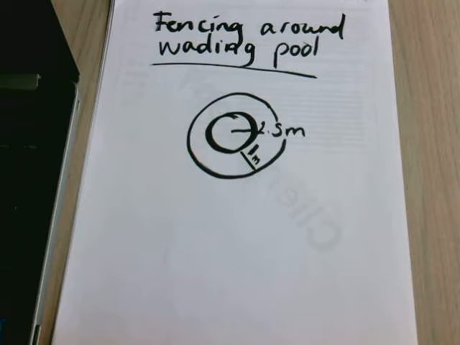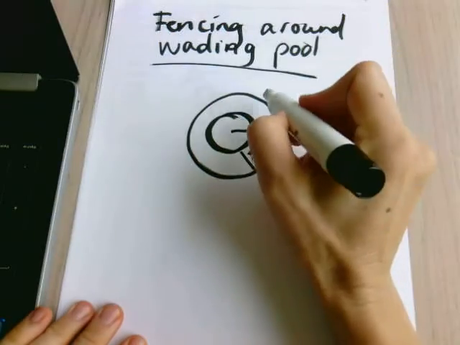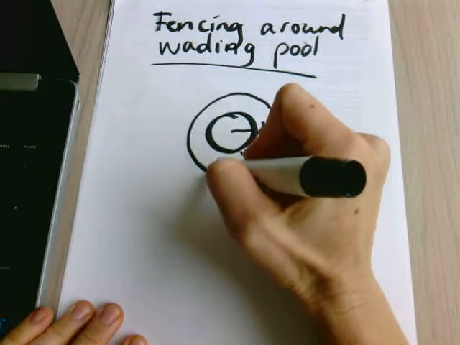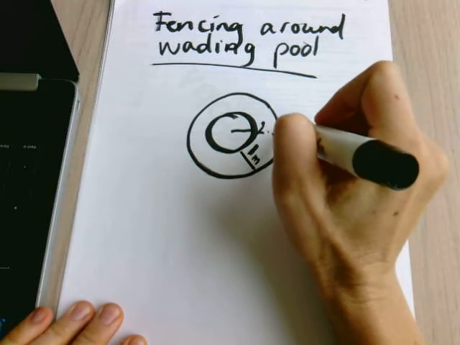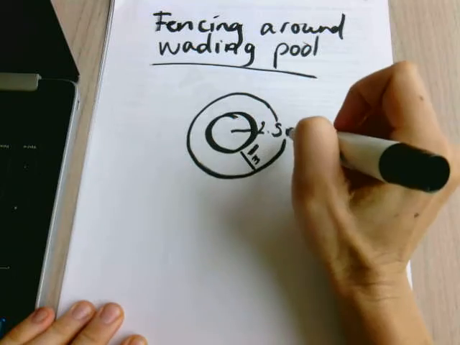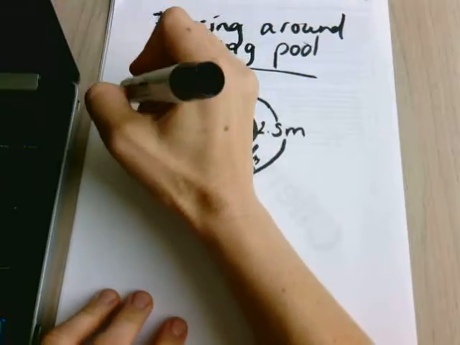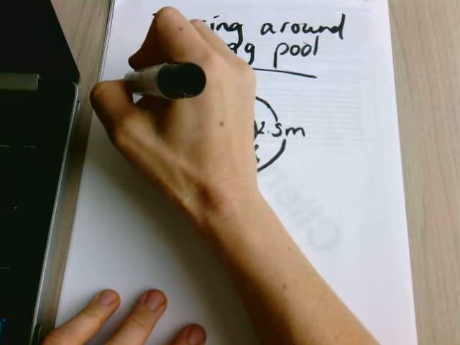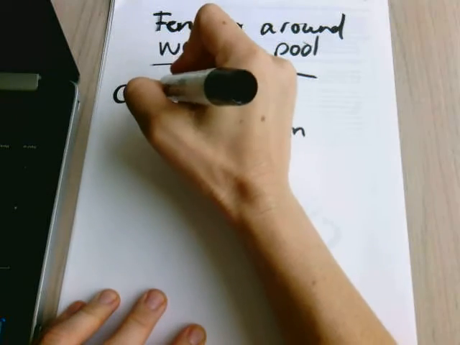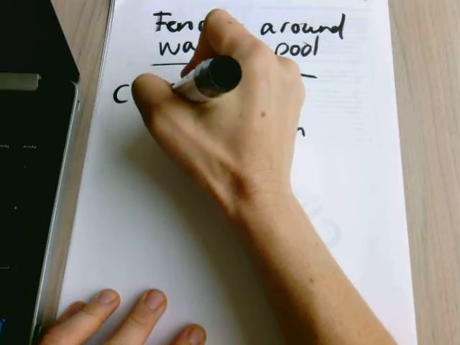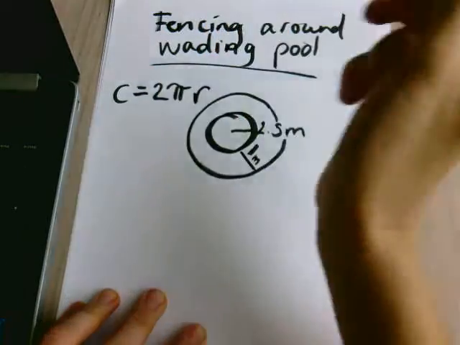Okay, so the first thing we want to do is find the length of the fencing required. So if this is the fence, then we need to find the circumference of that circle. And the formula for the circumference of a circle is C equals 2 pi r.